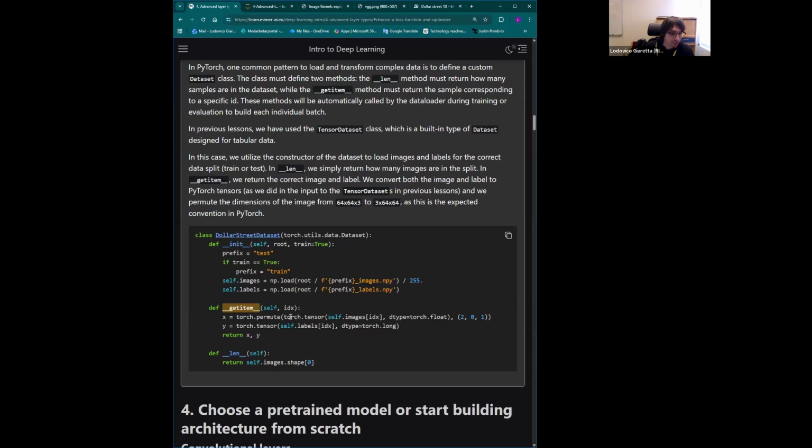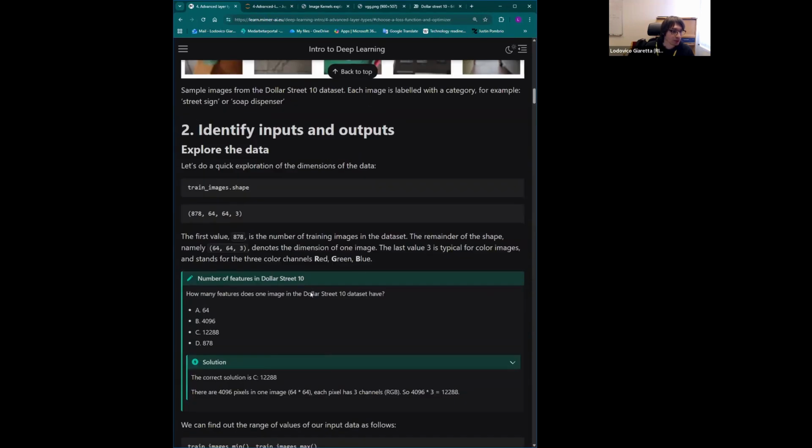And what we do is that we convert them to PyTorch tensors. This is the same that we did in previous lessons, if you remember. But additionally, we also perform a permutation here for the image. What this does is that it changes the order. We saw that the order was 64 by 64 by 3, so width, height, and then colors.